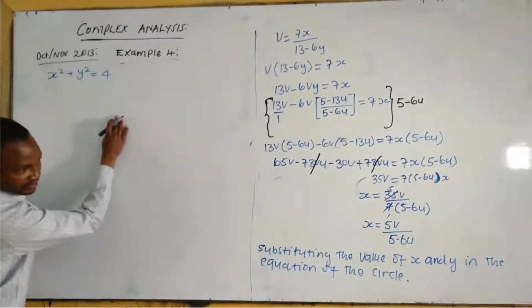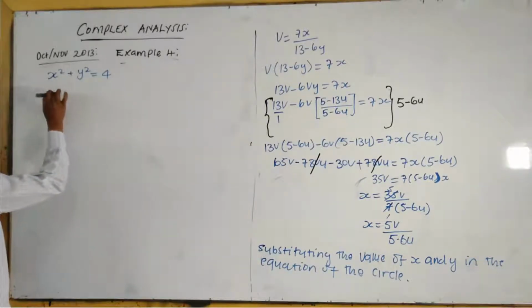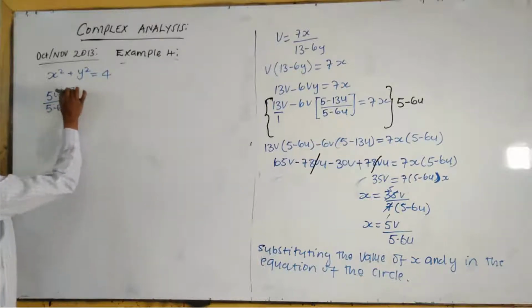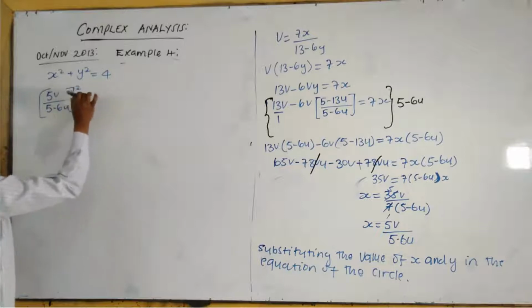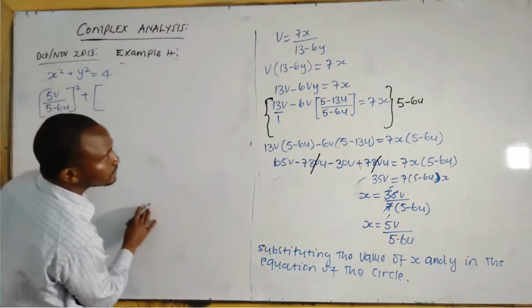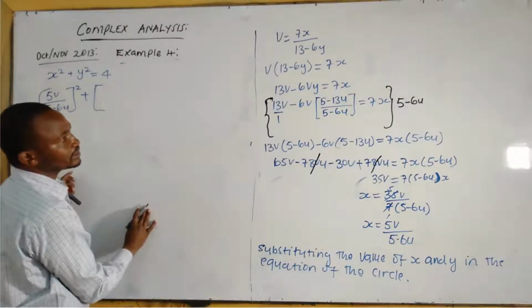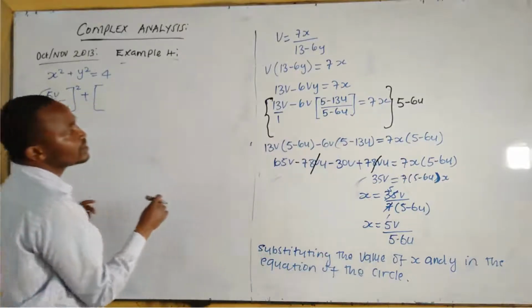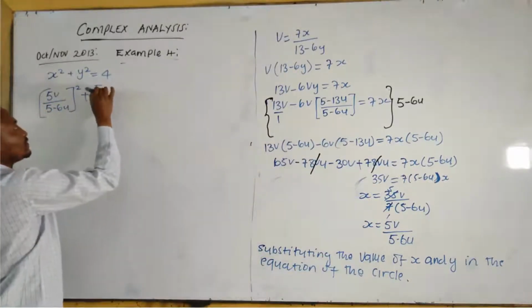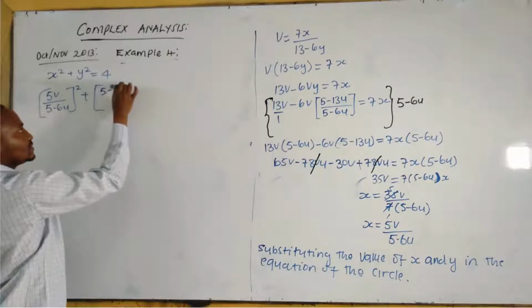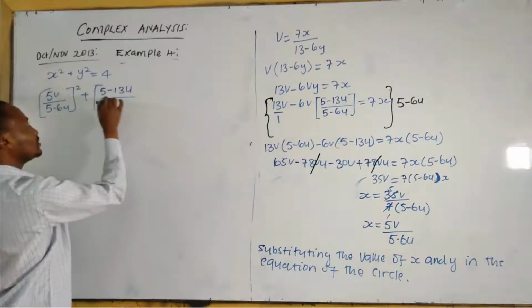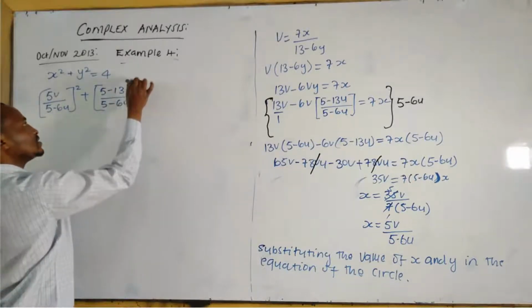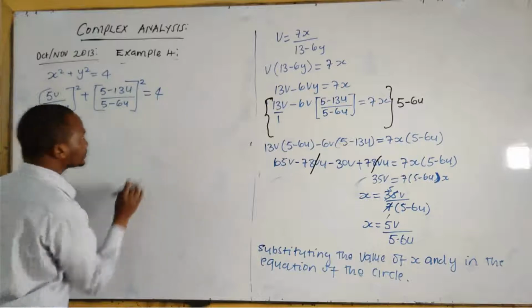What is x? 5v over (5 minus 6u), square this, plus what's the value of y? This one, (5 minus 13u) over (5 minus 6u), squared is equal to 4.